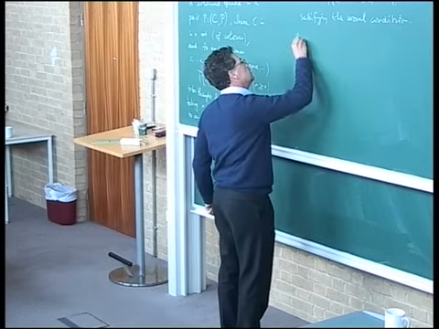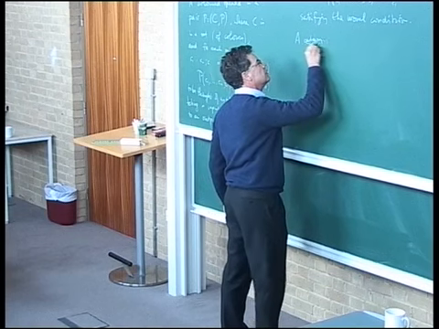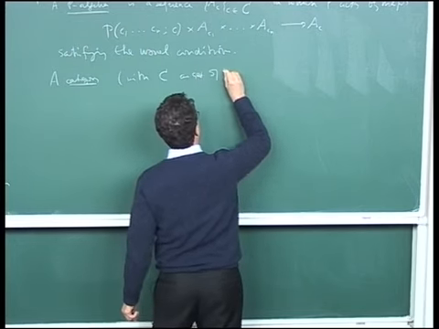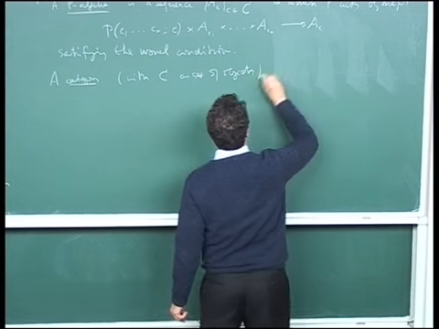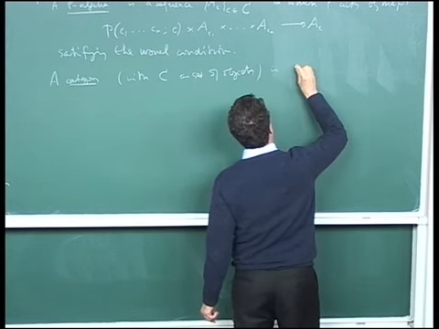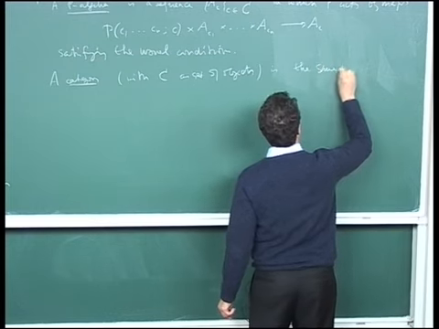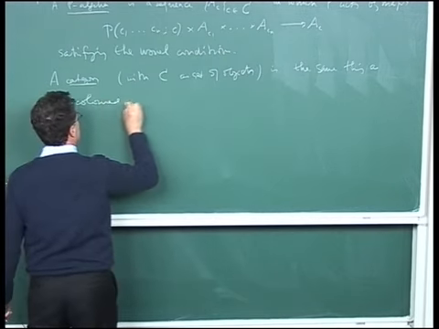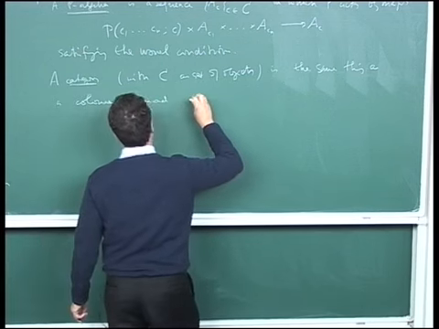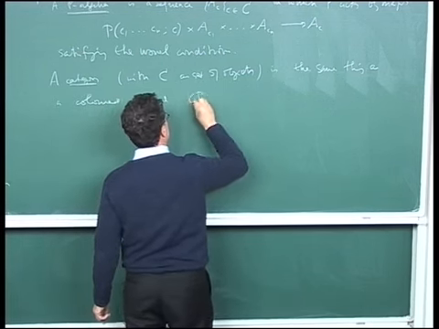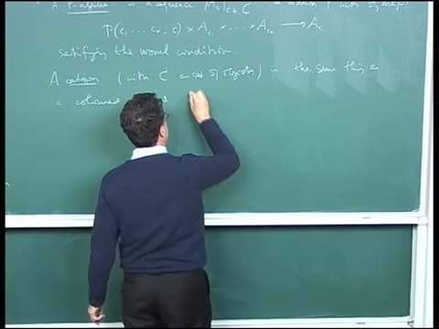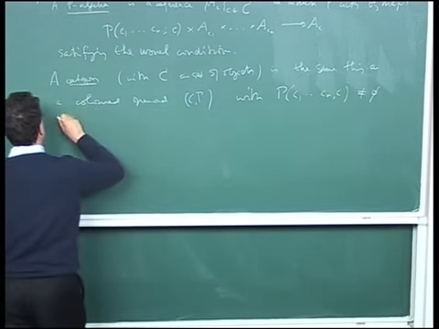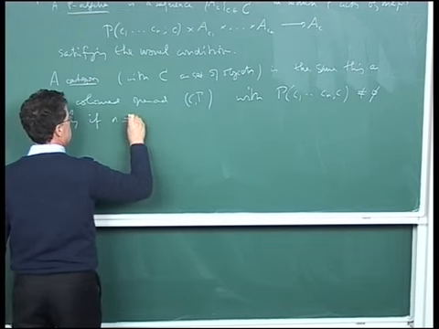Okay, so a category with C a set of objects is the same thing as a colored operad (C, P) with P(C1, ..., Cn; C) non-empty only if n is 1.